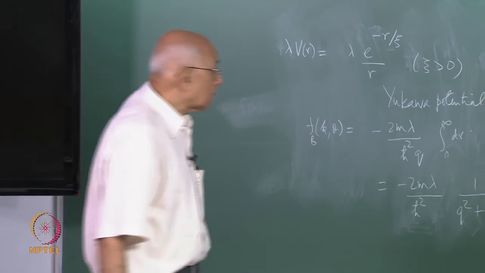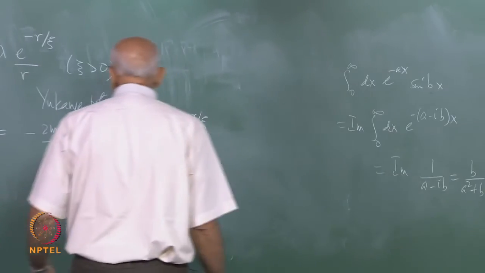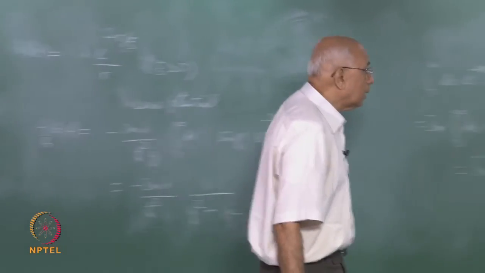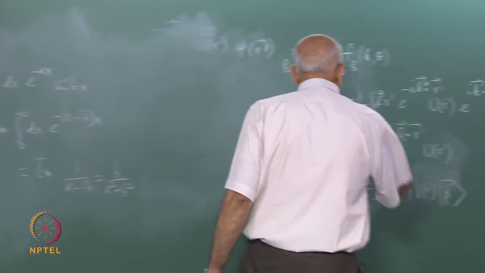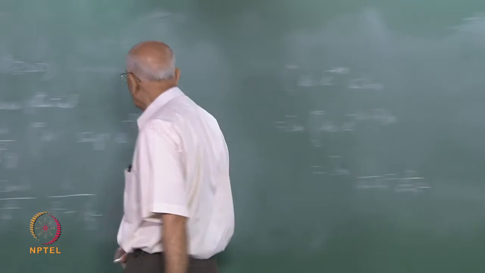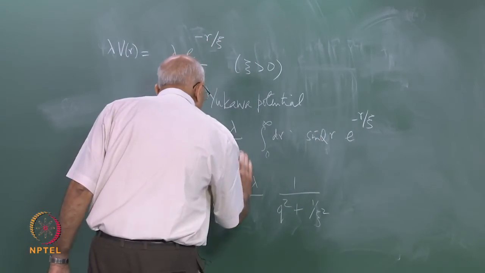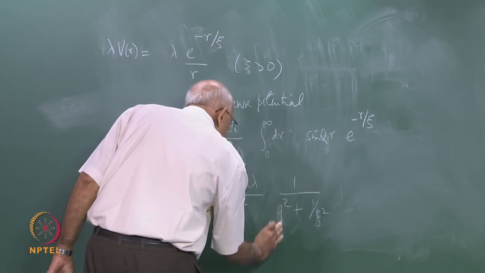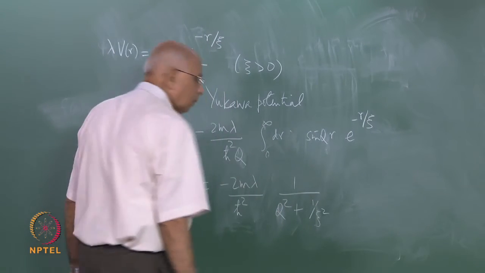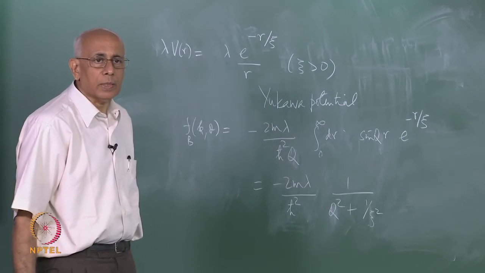Sorry, I made a little mistake in notation. This was a capital Q everywhere. So this is a capital Q, the square of the momentum transfer.